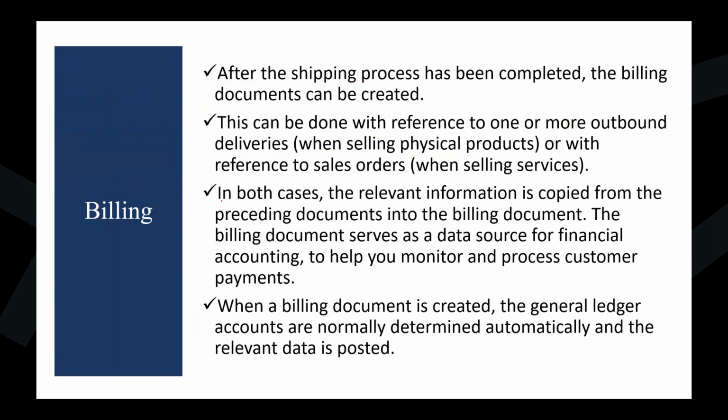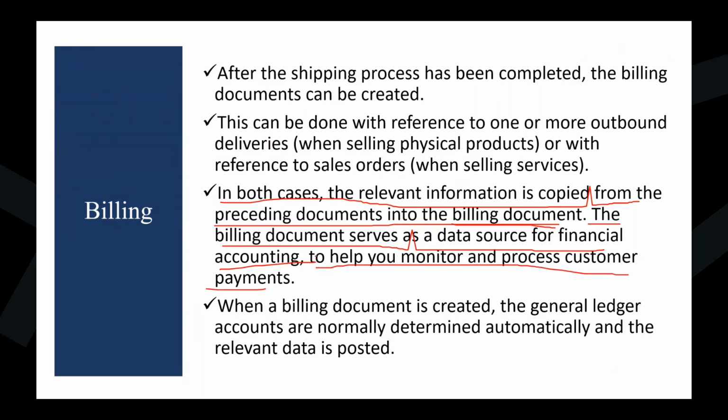Okay, in both cases, the relevant information is copied from the preceding documents into the billing document. So from the outbound delivery document, all the information will get copied to your billing document. The billing document serves as a data source for financial accounting and helps you monitor and process customer payments.